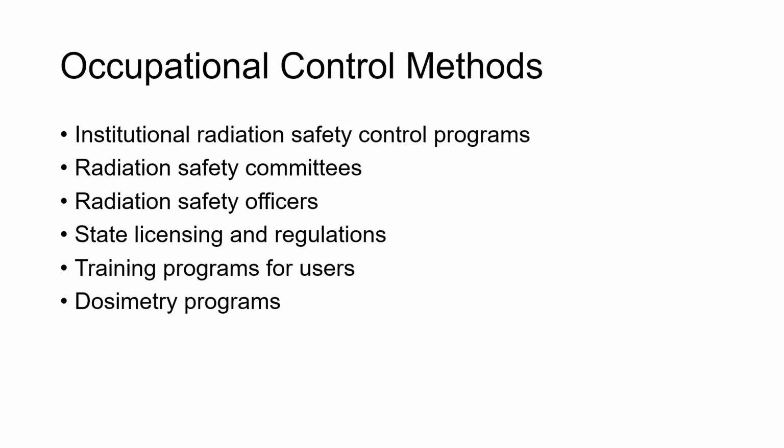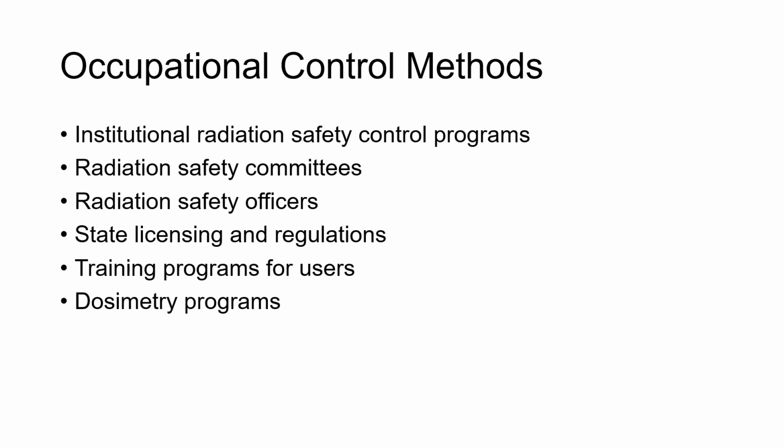On the last two slides, we will discuss some other factors that are important for radiation safety, particularly in an occupational or medical setting. There are a number of administrative considerations that can be implemented in the workplace that can help reduce radiation exposure.